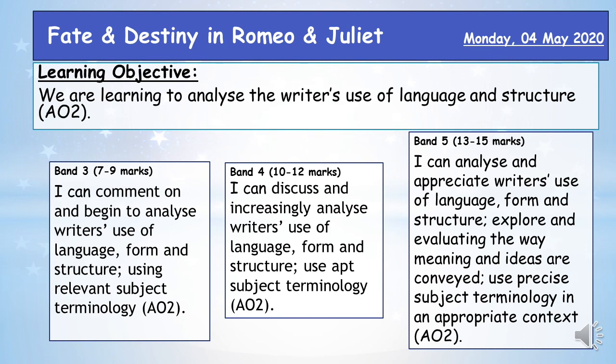Band 4 you can discuss and increasingly analyse the writer's use of language, form and structure. And band 5 is to analyse and appreciate the writer's use of language, form and structure, the idea of evaluating, this idea of having a different perspective on things. Band 5 just shows a thorough insight into what Shakespeare is trying to do.